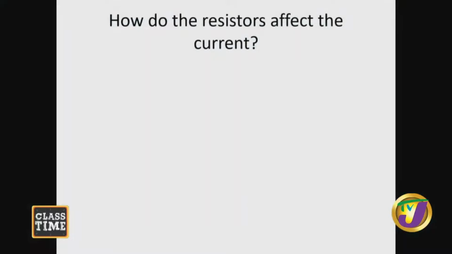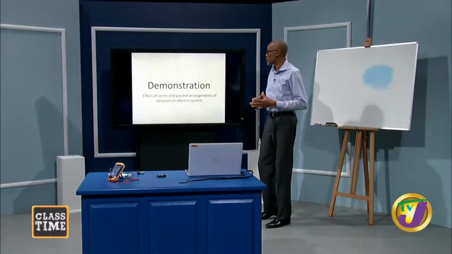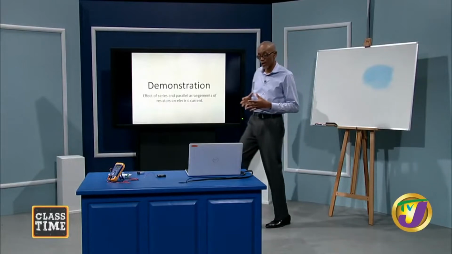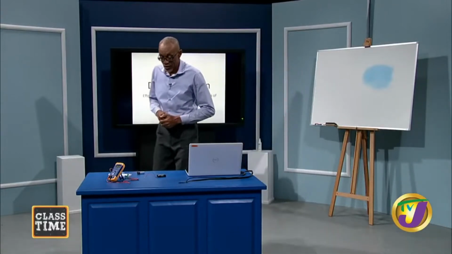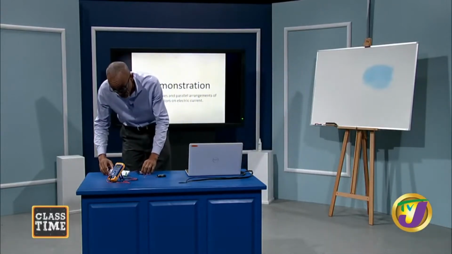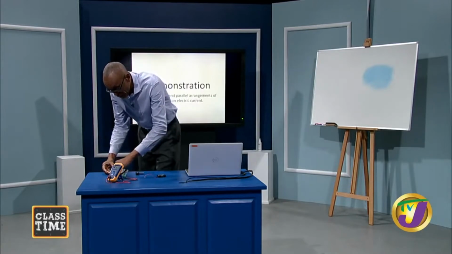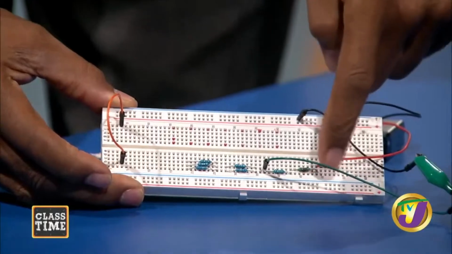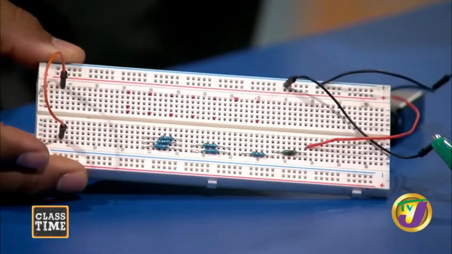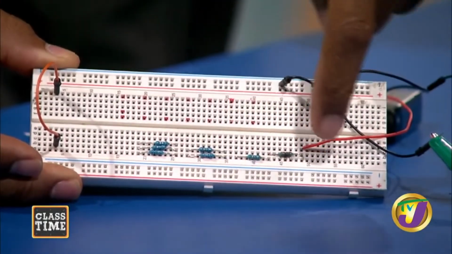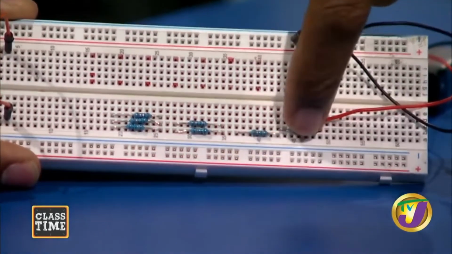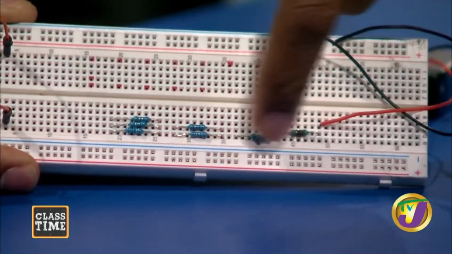This is a demonstration. We will look at the effect of series and parallel arrangements of resistors on electric currents. Here is a little demonstration I will do. If you look here, we have these two resistors, this one and this one, in a series arrangement.